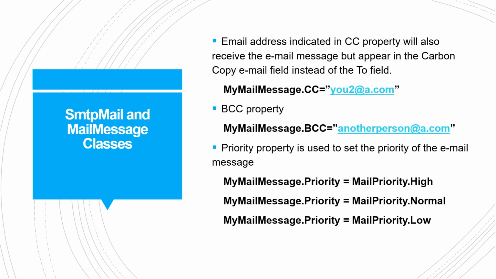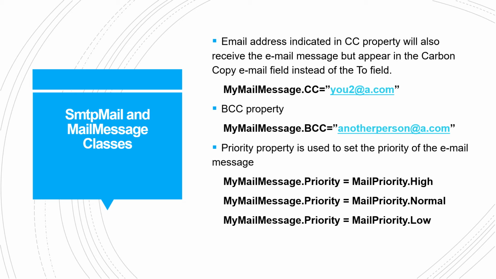We also have one more property, the blind carbon copy BCC property. The recipient listed in this property could receive a copy of the email message, but the person listed in the To property could not know that they received the message. This is the purpose of using the BCC property.